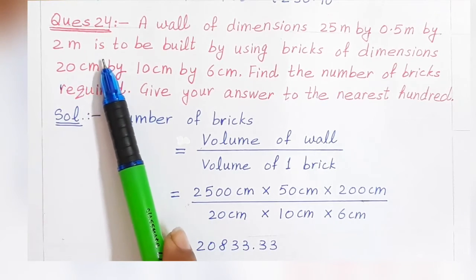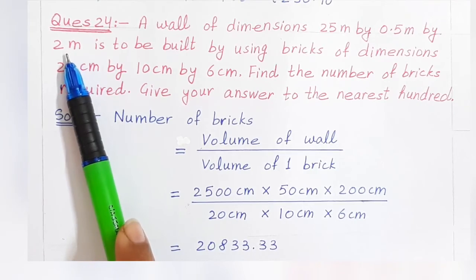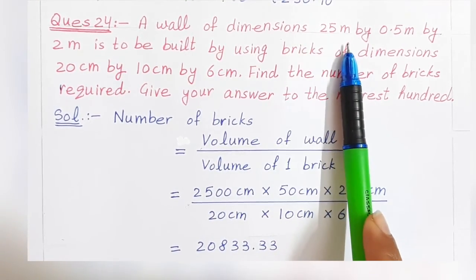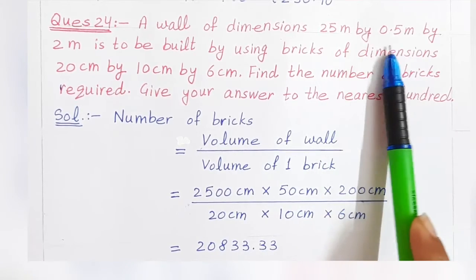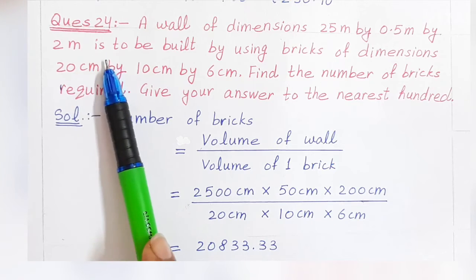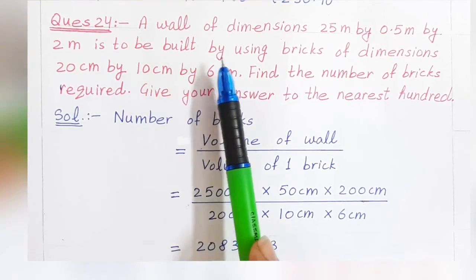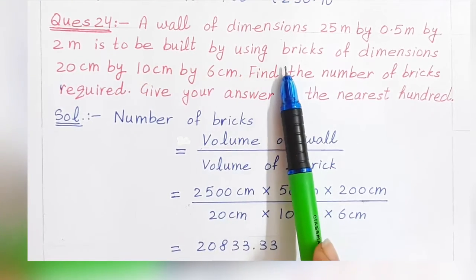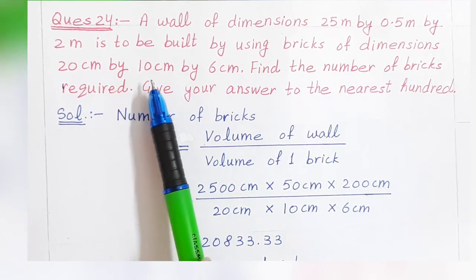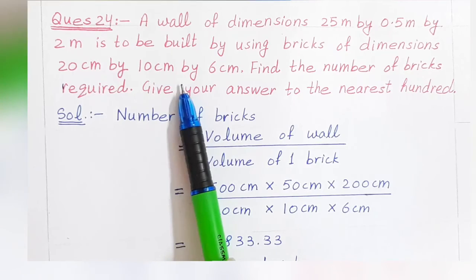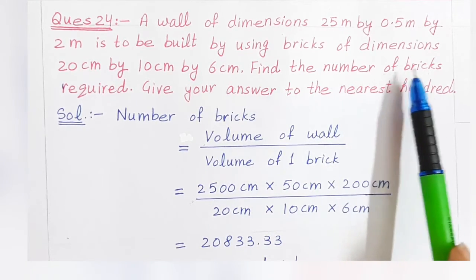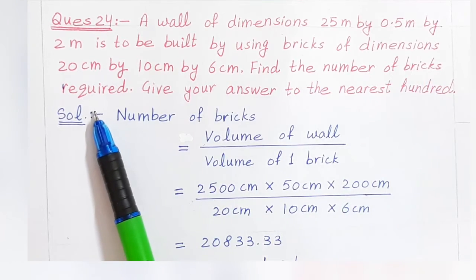Now the next question, number 24: a wall of dimensions 25 meter by 0.5 meter by 2 meter is to be built using bricks of dimensions 20 centimeter by 10 centimeter by 6 centimeter. Find the number of bricks required.